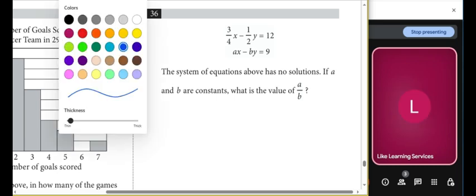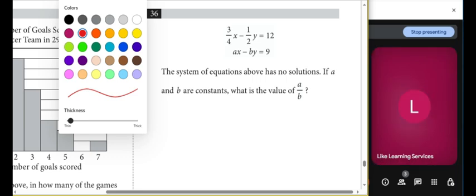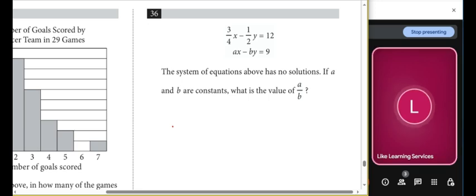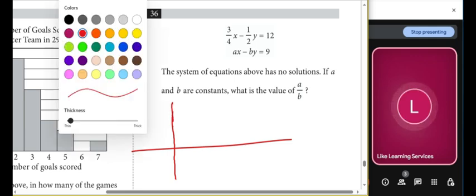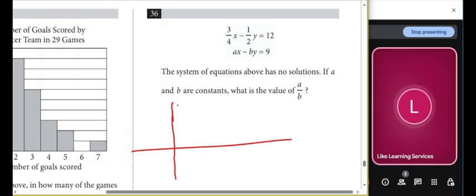Anyways, the system of equations has no solutions. If you remember, I mentioned something like this earlier. If you solve simultaneous equations by graphical method, how do we identify the solution?